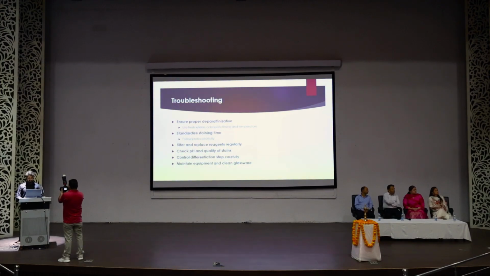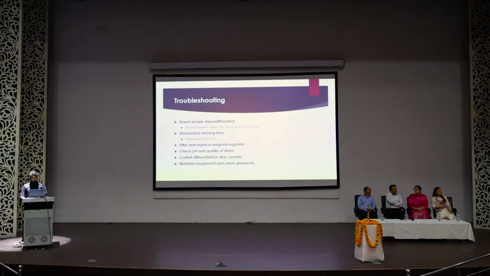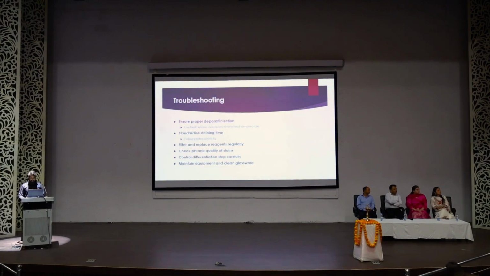Standardize staining time and follow the protocols strictly. For example, after troubleshooting any error, we have to follow the protocol regularly. Filter and replace reagents regularly. Always check pH and quality of stains. Control the differentiation step carefully, as poor nuclear differentiation mostly occurs because of this step.